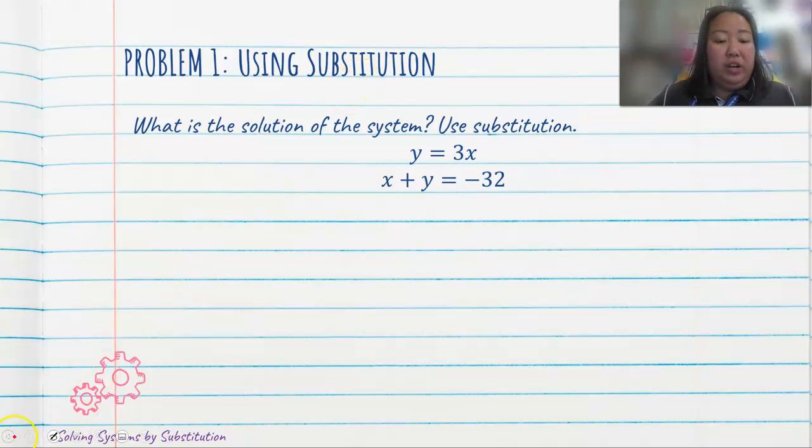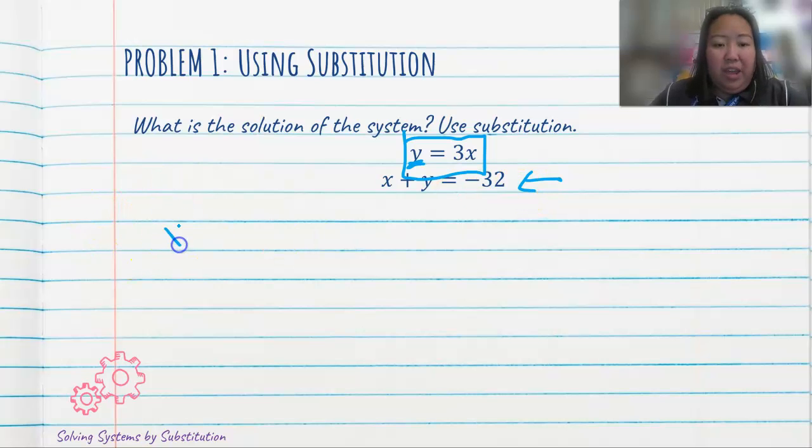So first thing that you have to look for is, do you have a variable that is by itself, okay? Now, as you can see, this equation says here, y is equal to 3x, okay? So the fact that y is by itself already, what we will do is you will use this second equation.